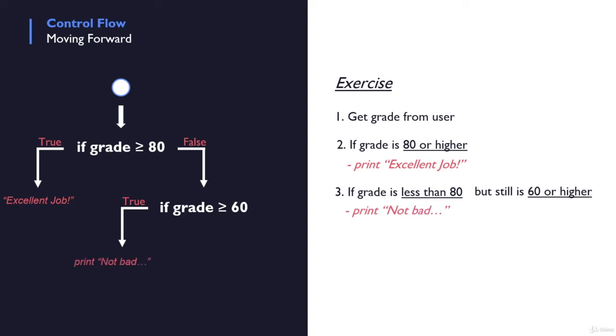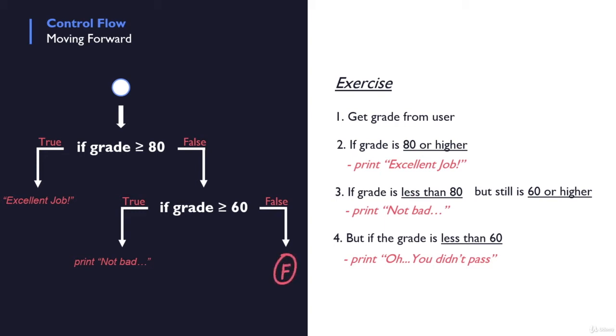And otherwise, if the result of this condition happens also to be false, then we can definitely say that the grade is less than 80 and also it's less than 60. So we will have to print a failed try again message and ask the user to give another shot at the exam. So hopefully he will pass next time. And that would basically be it, guys.